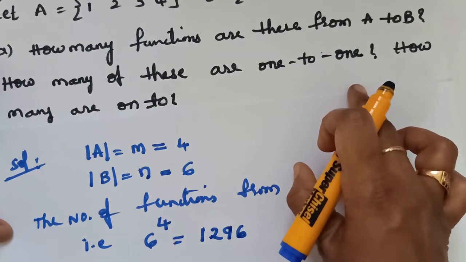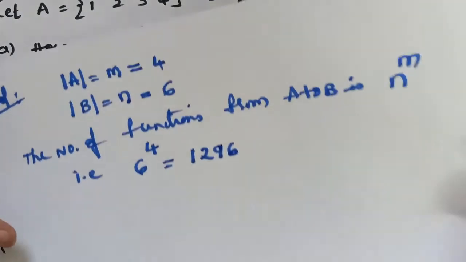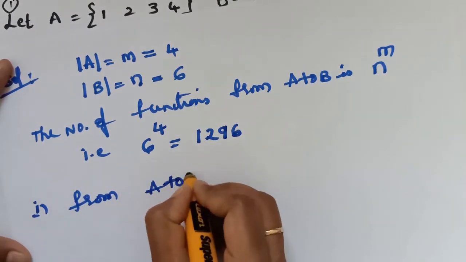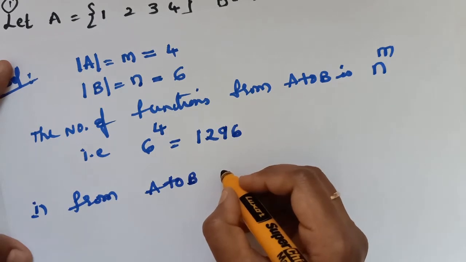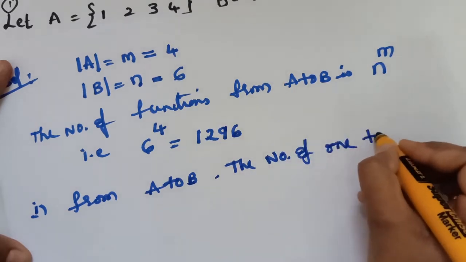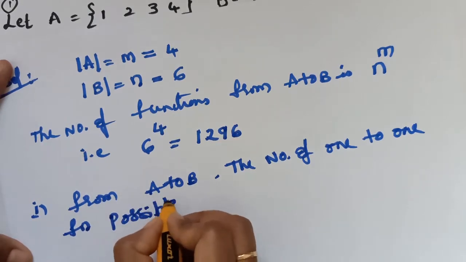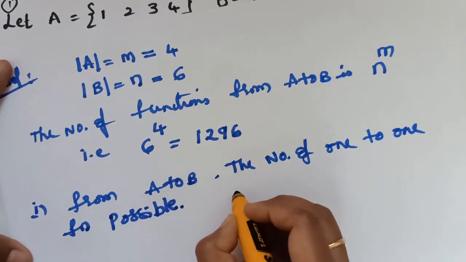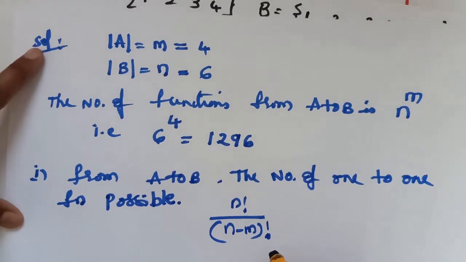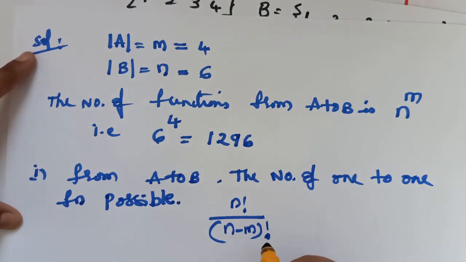Next, how many of these are one-to-one functions? How many are onto functions? So from A to B, the number of one-to-one functions possible from A to B is N factorial by (N minus M) factorial.